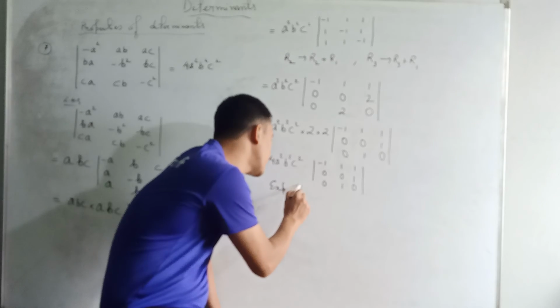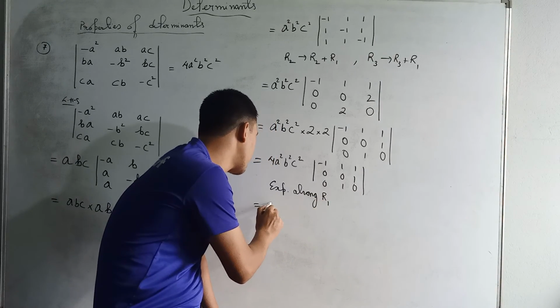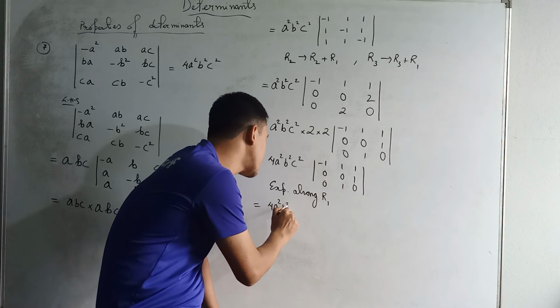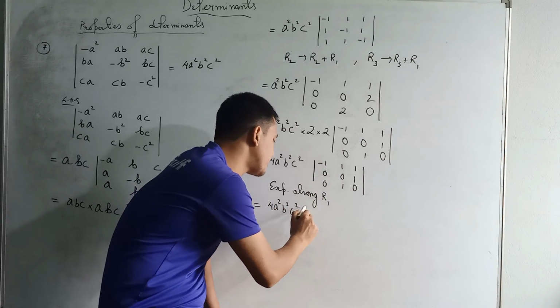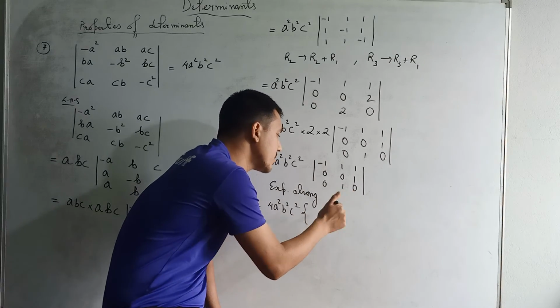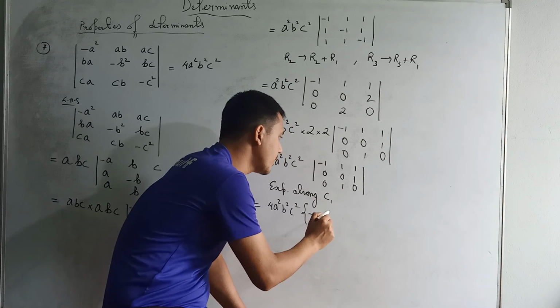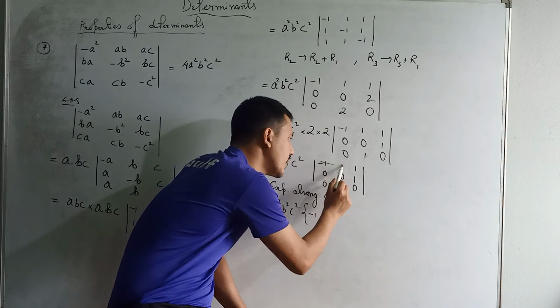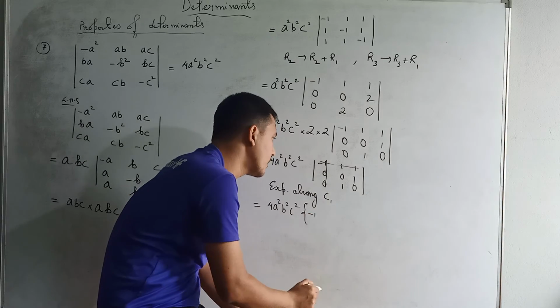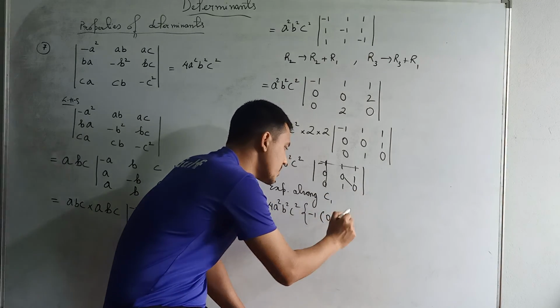So expanding along R1, then 4a square b square c square... Let me expand along C1, not R1, okay, C1. Then minus 1, and if you take minus 1, then we neglect this row and this column. 0 times 0 is 0, minus 1 times 1 is 1.